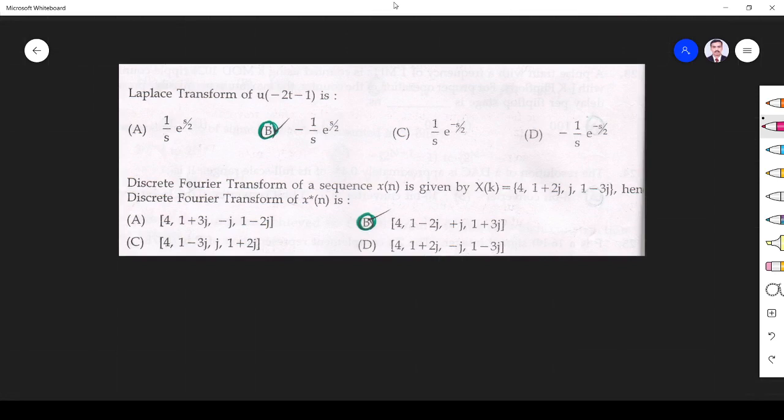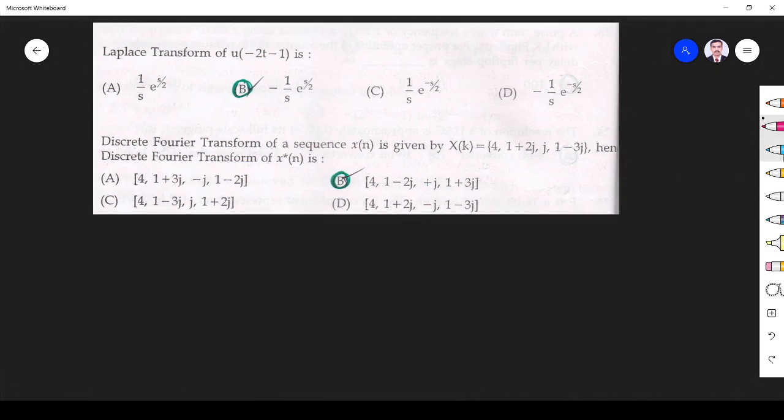Find the Laplace transform of u of minus 2t minus 1. This is one beautiful problem. Here you see, first let me start with u of t. Laplace transform of u of t is 1 by s. Next I apply the shifting property of Laplace transform.